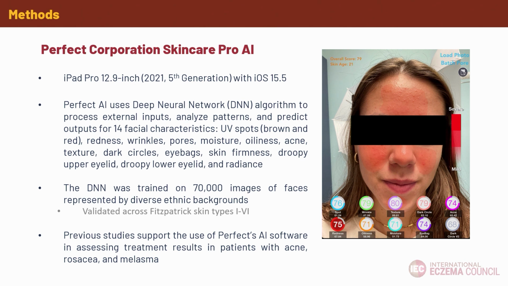So the way it works is either the patient or the clinician will hold up the tablet, and once it's aligned properly, this provides an instant analysis. And then it provides us with a raw score for each of the 14 characteristics, which is shown at the bottom of the assessment there.